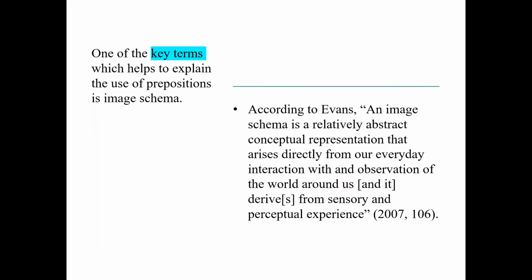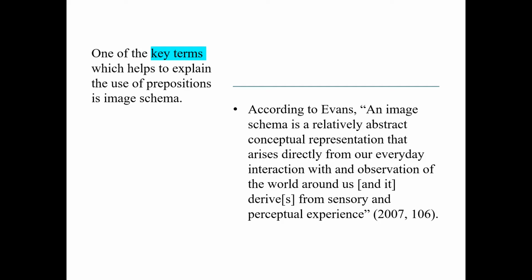One of the key terms which helps to explain the use of prepositions is an image schema. According to Evans, an image schema is a relatively abstract conceptual representation that arises directly from our everyday interaction with and observation of the world around us.